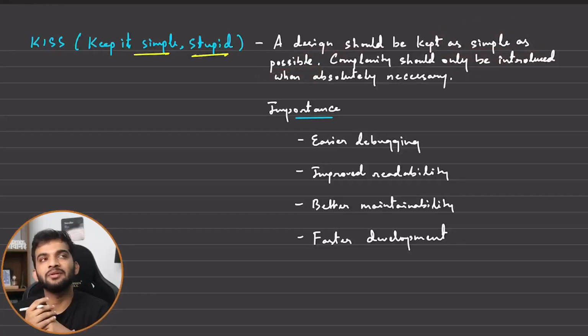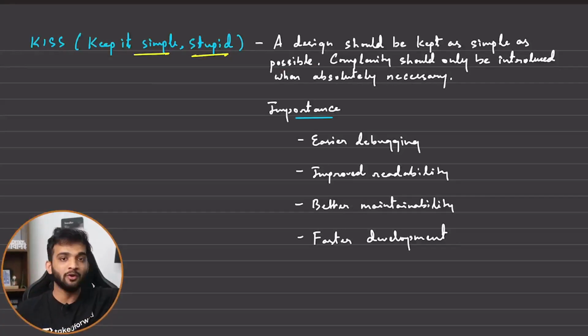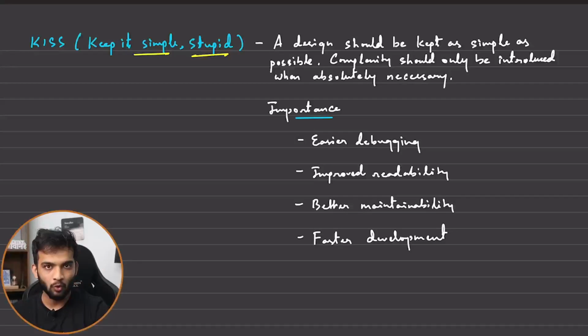A lot of times we think, okay, I know a lot of design principles, I know about object-oriented programming, let's put classes everywhere, let's put interfaces, let's put a lot of layers. No, keep it simple, stupid. Keep it readable. Don't overcomplicate unless it's extremely important. Understood? So design should be kept as simple as possible.